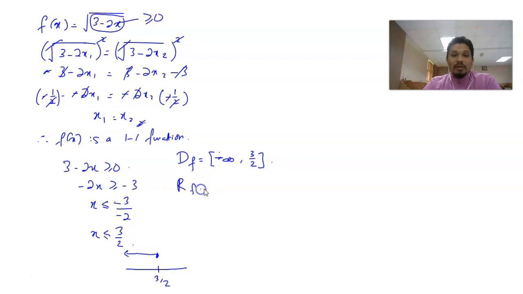For the range of f, for a square root function, the graph will be something like this, from 3/2, and we curve here, something like that. We refer to the y-axis, it is all here to positive infinity, so we come up with 0 to positive infinity.